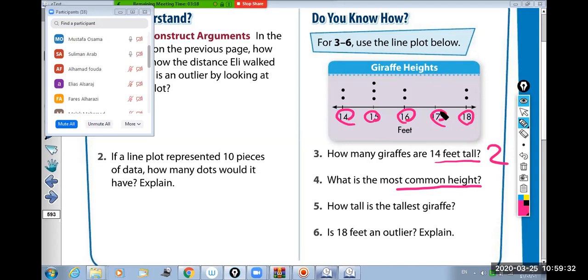What is the height that has more dots? 15. Is it 14 inch or 15 inch or 16? 15. Good job. So all of you write 15 feet, FT. Thank you.